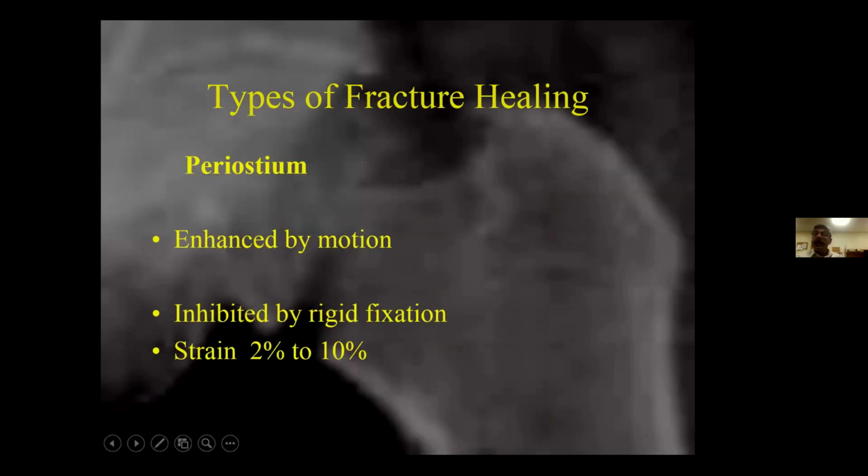And then say, in the periosteum healing, this happens when the strain is between 2 and 10%. It is inhibited by true rigid fixation and enhanced by motion.